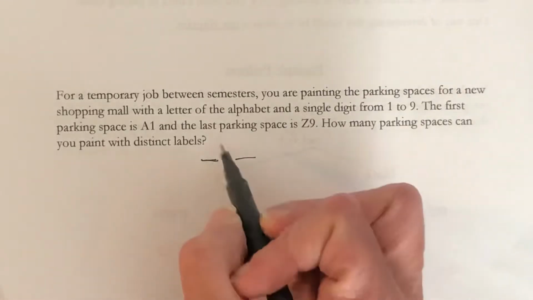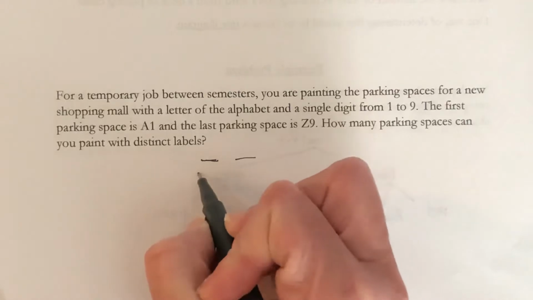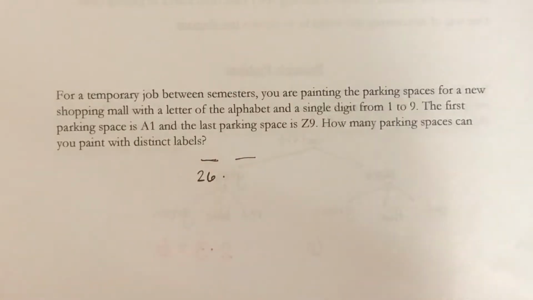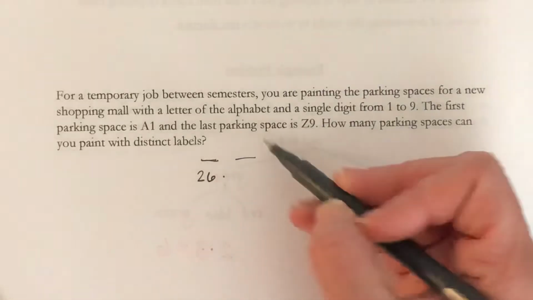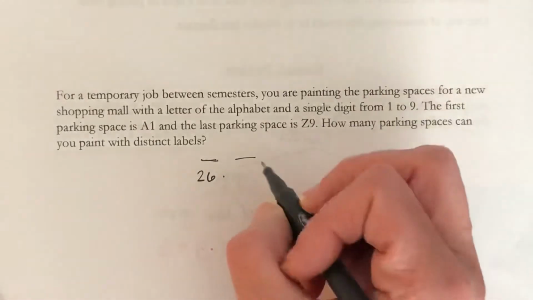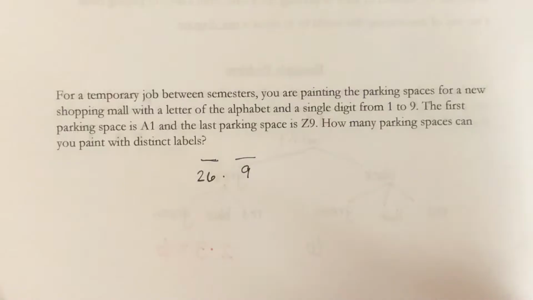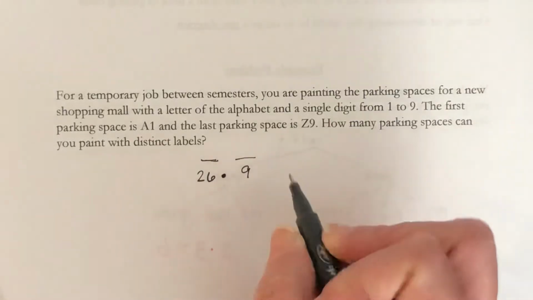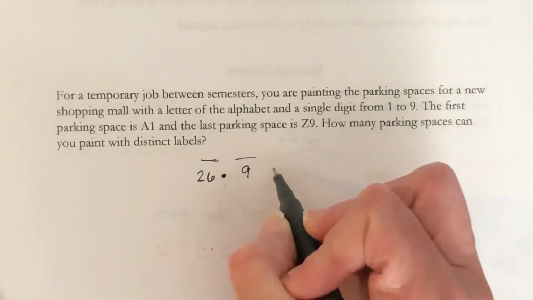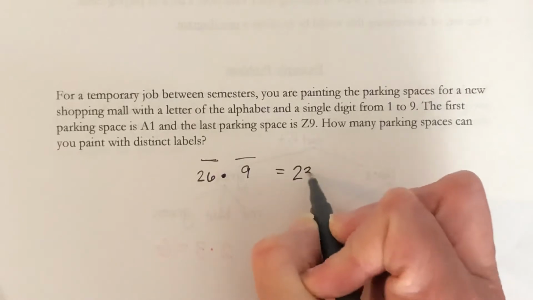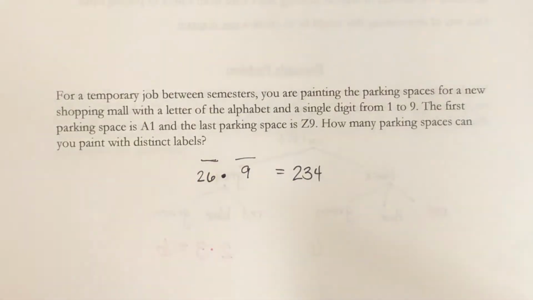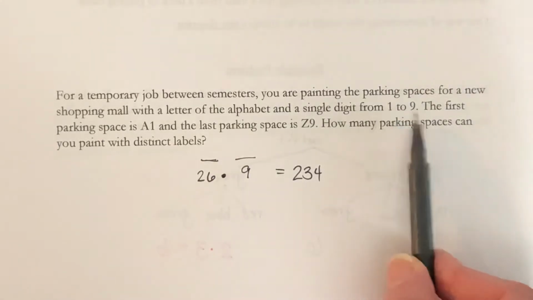How many different ways can I choose a letter? There are 26 letters in the alphabet. So I choose a letter and then I choose a number, and it says from 1 to 9, so there are 9 ways to do that. So I need to do 26 times 9, which gives me 234 different spots.